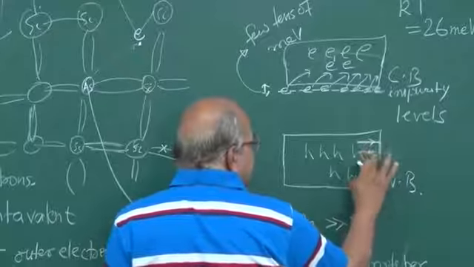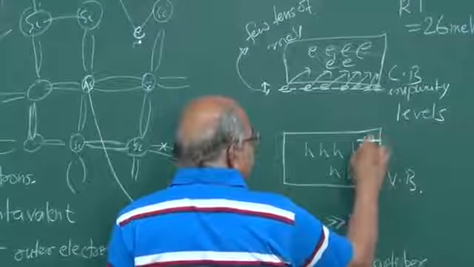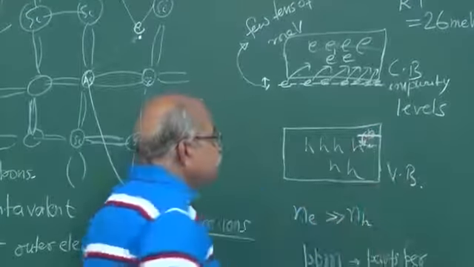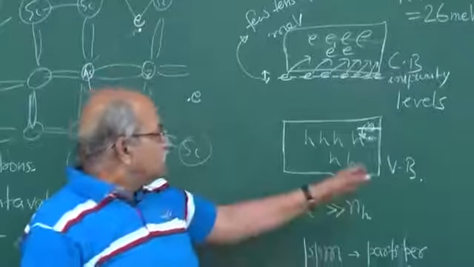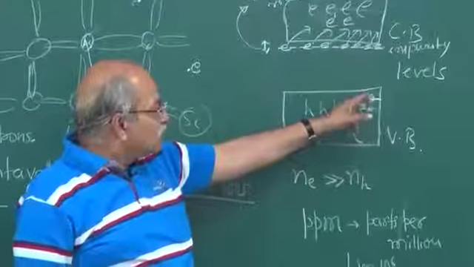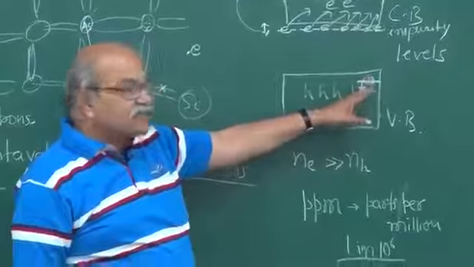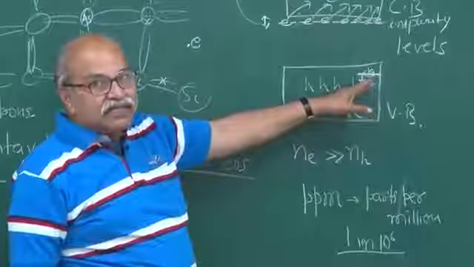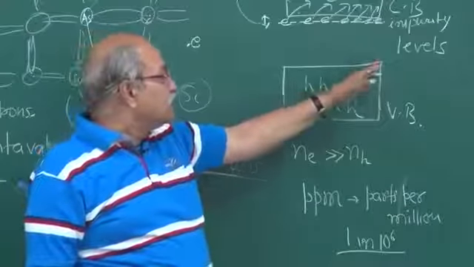So you can also say that a hole has gone from here to here. So the movement of hole and the movement of electron, these valence electrons, are in opposite directions in an electric field. So holes behave as positive charge.